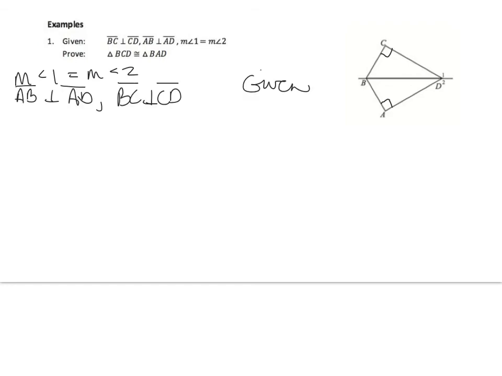And measure of angle 1 is congruent to the measure of angle 2. I'm going to pause and write down the givens. Okay, what else do we know? When two triangles share a side, always mark them congruent. So I have BD is congruent to BD. And that's my reflexive property.